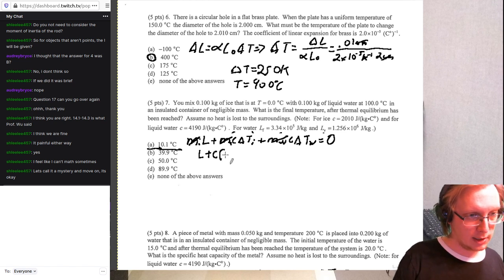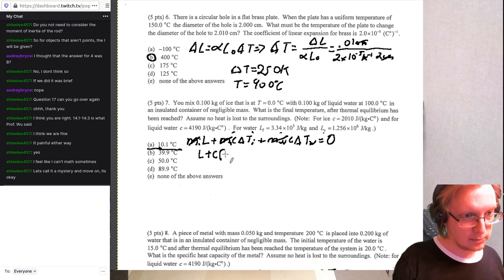Alright. Let's see here. I'm going to keep my deltas around. So this is going to be L plus C times T final minus 0, plus C times T final minus 100 equals 0.